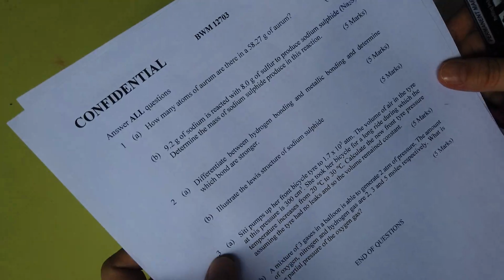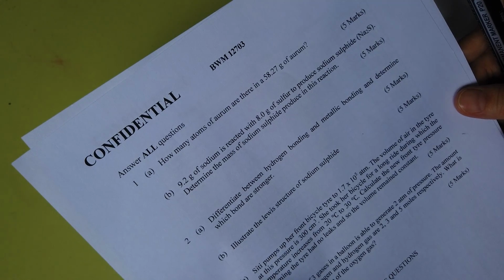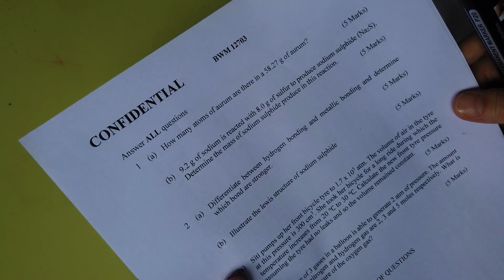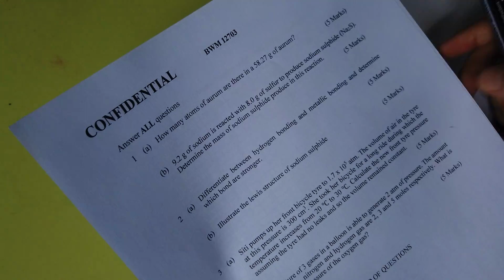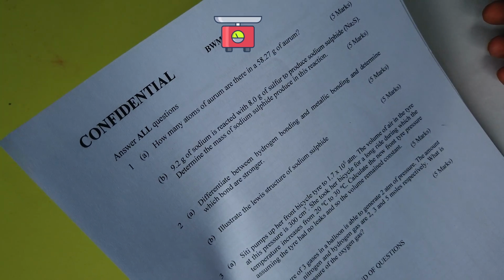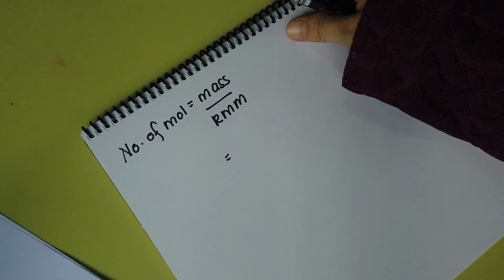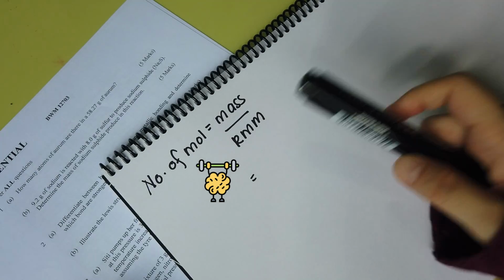Right, let's look back at the question. You were asked to calculate how many atoms of aurum are there in 58.27 grams of aurum. So how are we going to tackle this kind of question? First and foremost, because you have the mass over here, what you can calculate is the number of mole. As always, the number of mole is equivalent to mass over RMM.